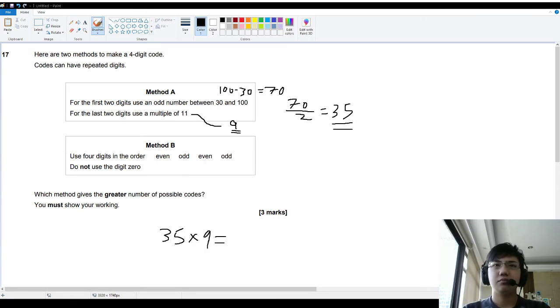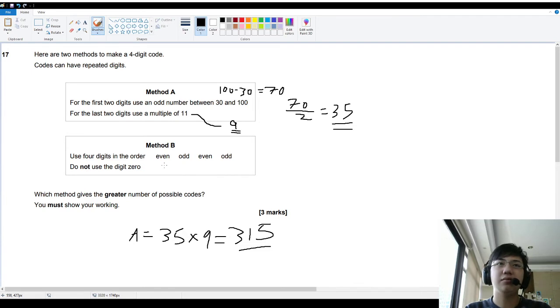So you can choose between 35 different odd numbers between 30 and 100 and 9 numbers that are multiples of 11. So the number for A is 35 times 9, which gives us 315 possible codes.